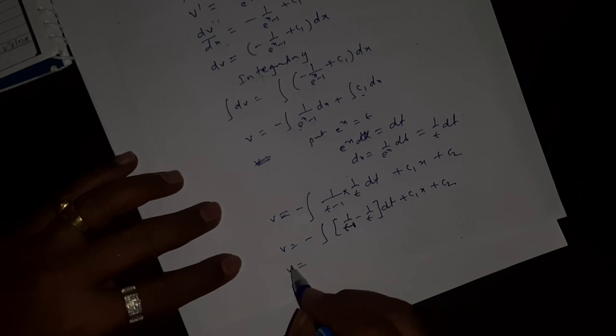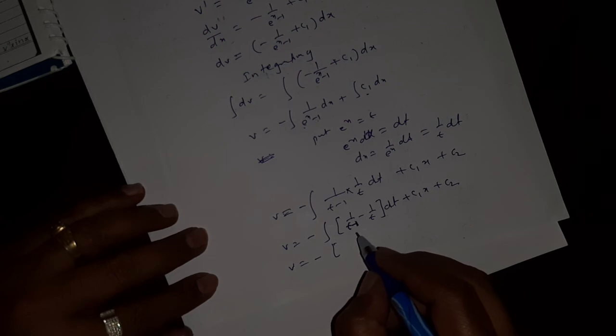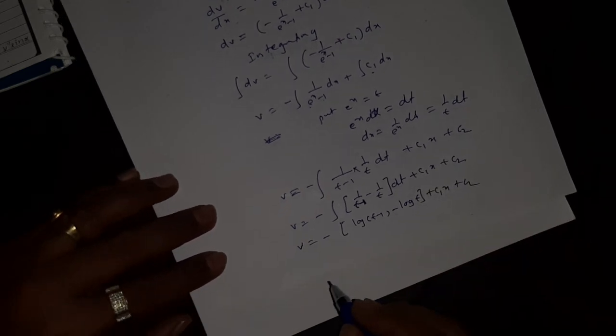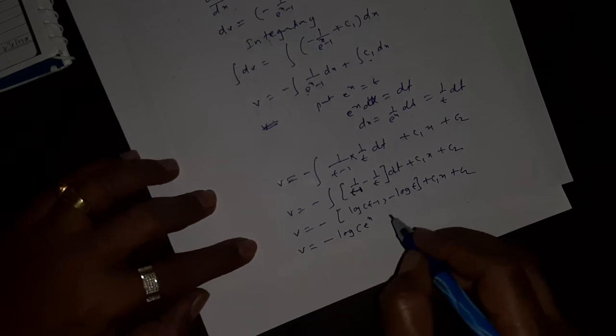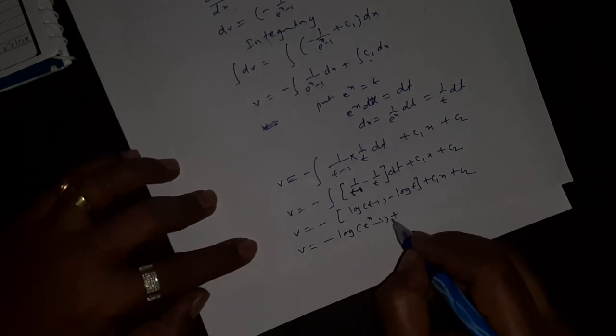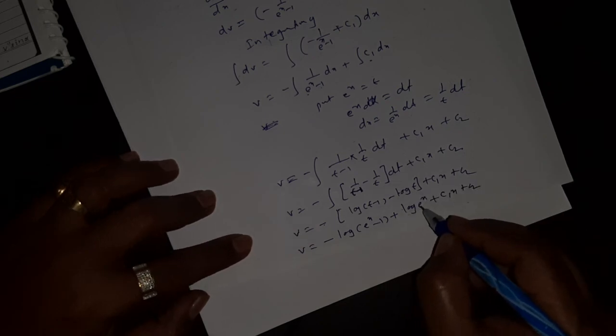Then v is equal to minus the integration, which is log of t minus 1 minus log t plus c1x plus c2. Then substitute t is e raised to x minus 1, and minus minus becomes plus, log e raised to x plus c1x plus c2. So log e raised to x is x into log e.